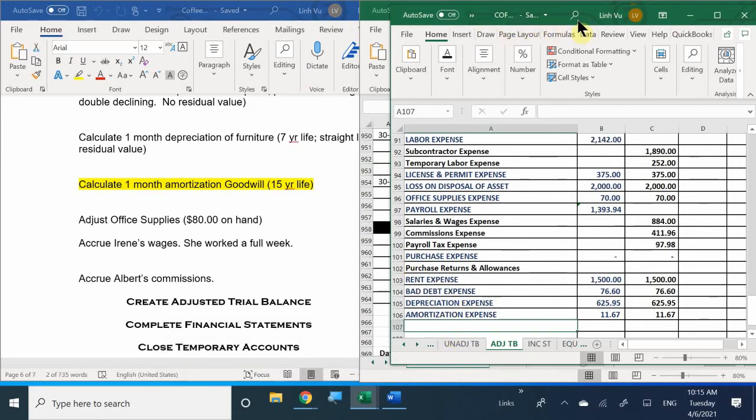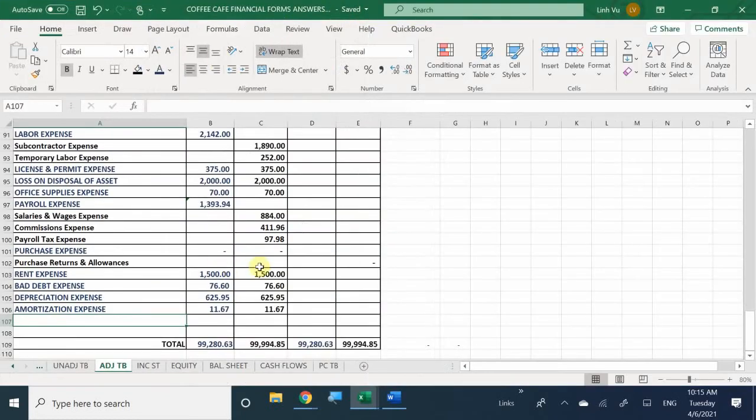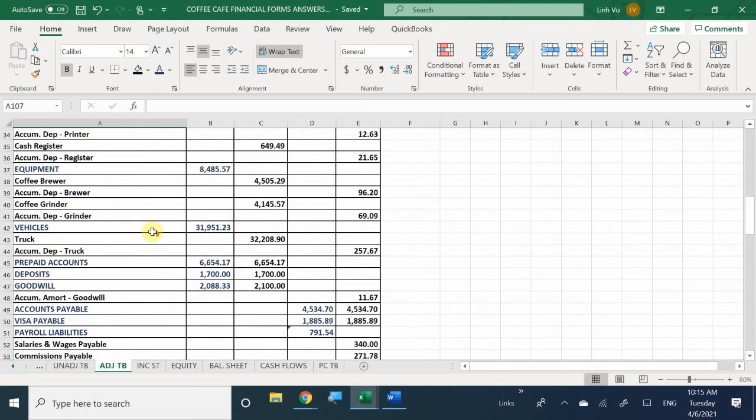Now, it's going to be a mixture between both the adjusted trial balance as well as the unadjusted trial balance, because there's just this one key component that you do need to have for the statement of cash flows. But for the rest of the remaining three financial statements, so your income statement, statement of equity, and your balance sheet, you're going to primarily use just your adjusted trial balance, okay?